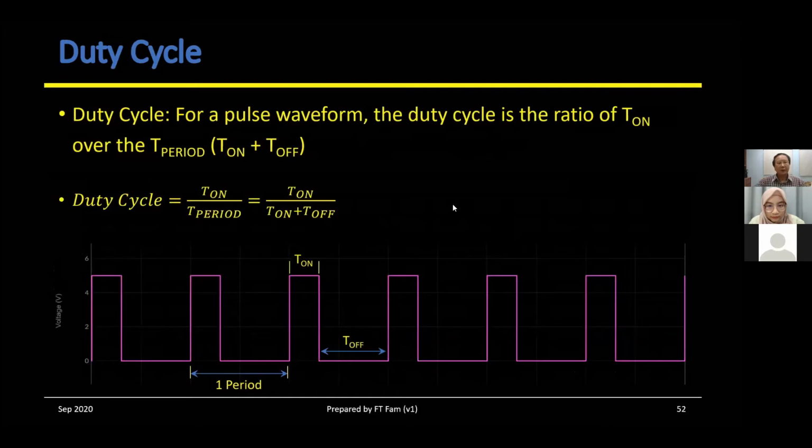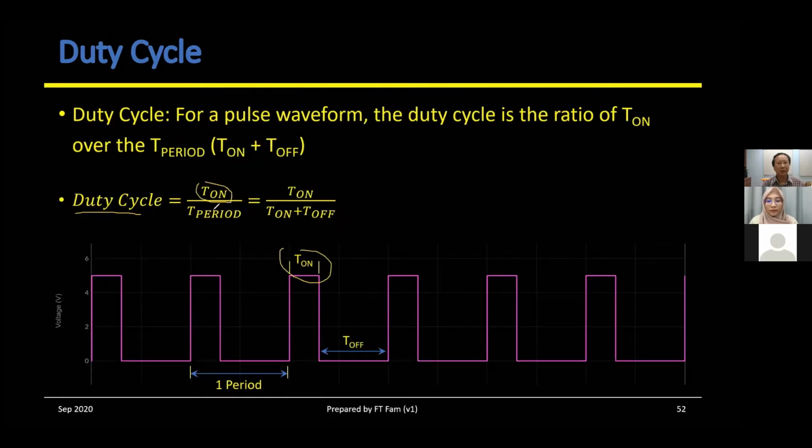Another term that we normally use for a digital waveform is called duty cycle. Duty cycle is defined as the time when the pulse is turned on, which is the top part here, over the period.